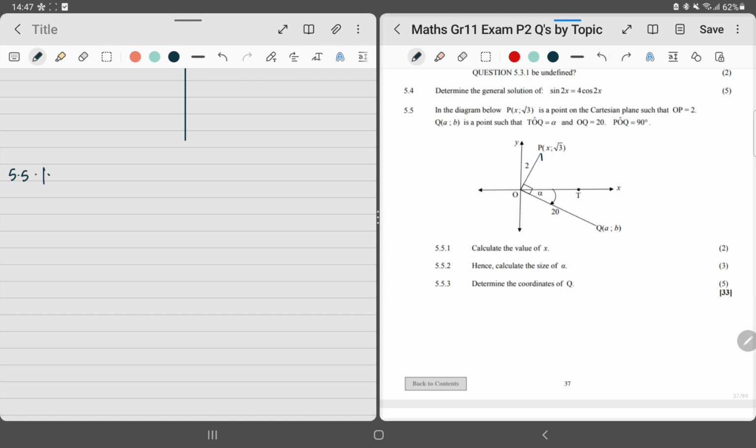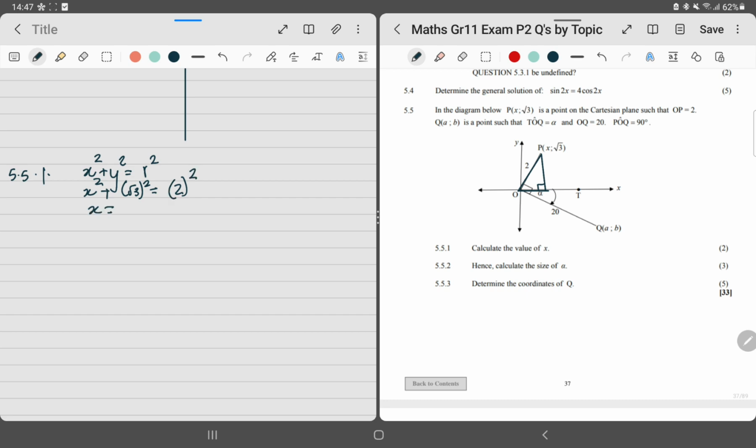So we need to focus on that right angle triangle. So this one. So x squared plus y squared is equal to r squared. X squared plus our y is square root of 3, squared, is equal to our r is 2 squared.